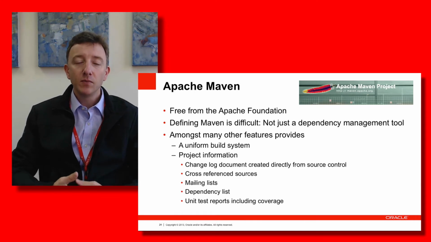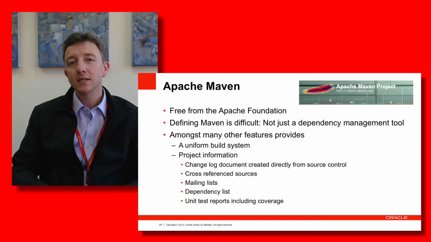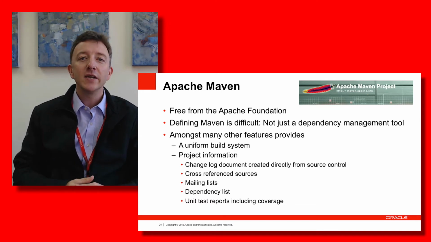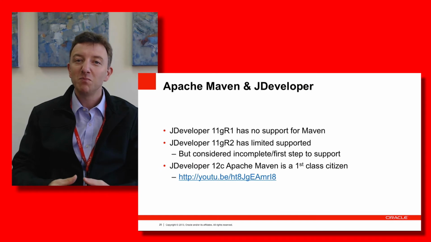Now, from JDeveloper's perspective and Apache Maven, in order to work within the Maven ecosphere, JDeveloper does need to have some sort of support for Apache Maven. In the JDeveloper 11g Release 1 space, pretty much that support was non-existent.